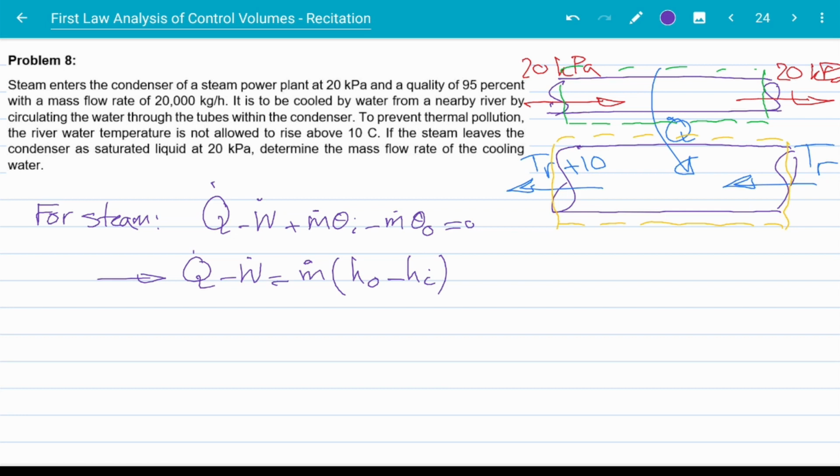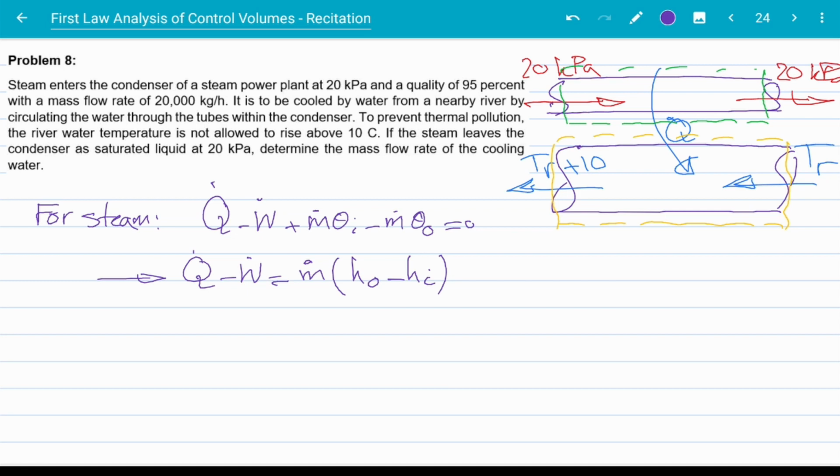We've done this a few times so far, so you know that if we neglect kinetic and potential energies, theta reduces to enthalpy, and from the conservation of mass, because this is a simple stream pipe, mass flow rate of the exit and mass flow rate of the entrance are equal.